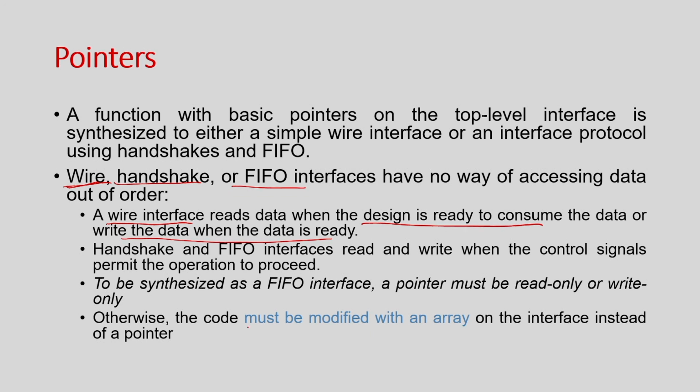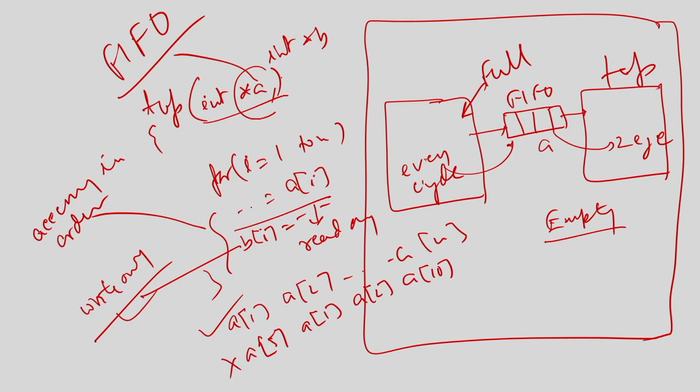In that case, instead of the pointer, you should use an explicit array. Here, instead of a pointer, you use A10. Now the tool will understand that this is an array which will be an external RAM.